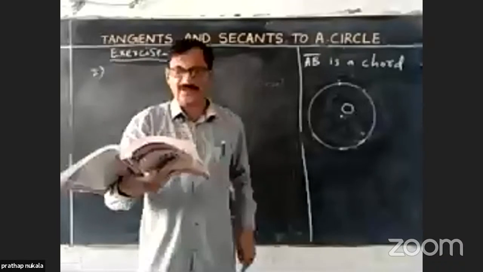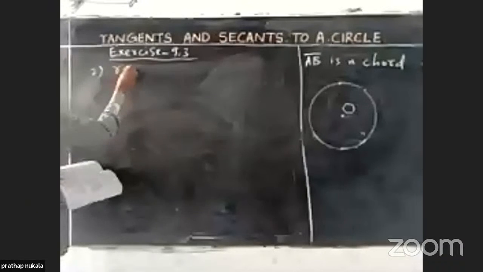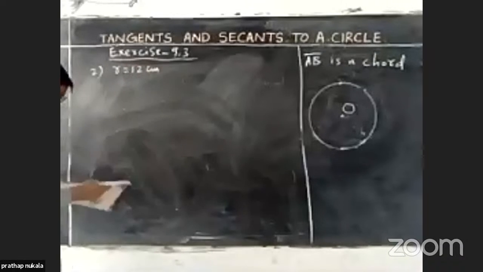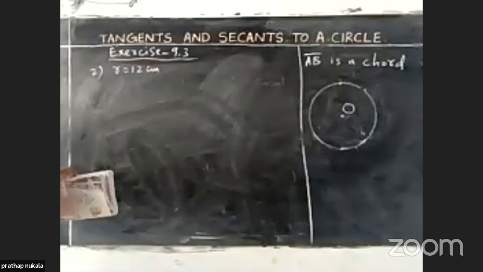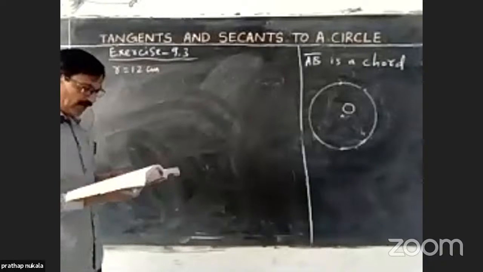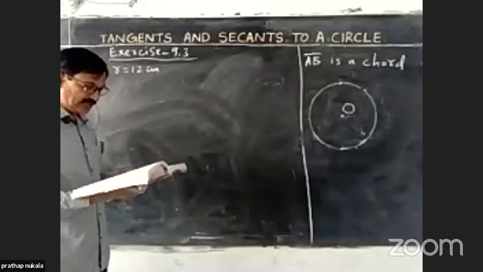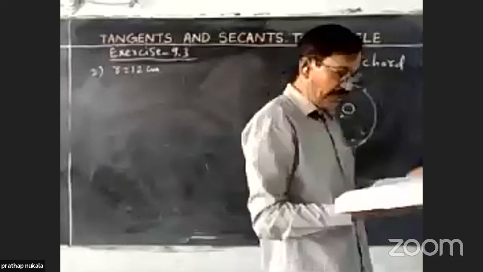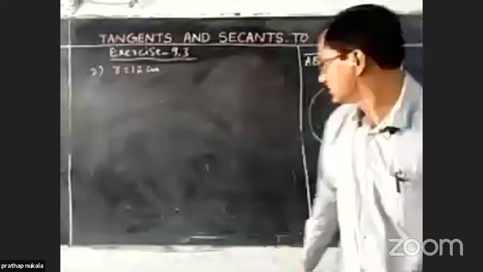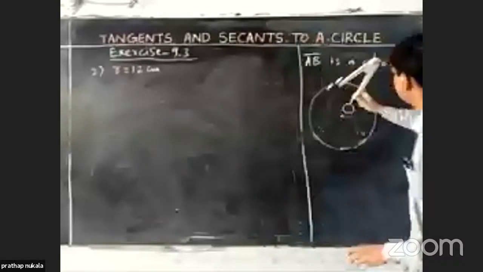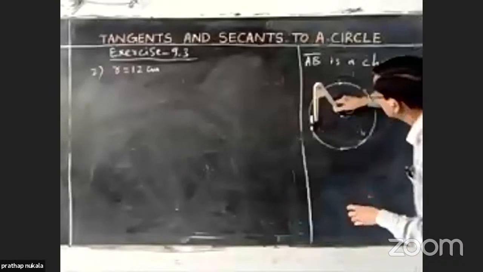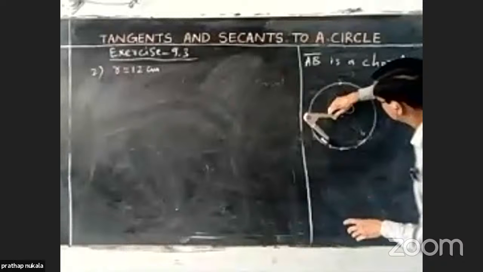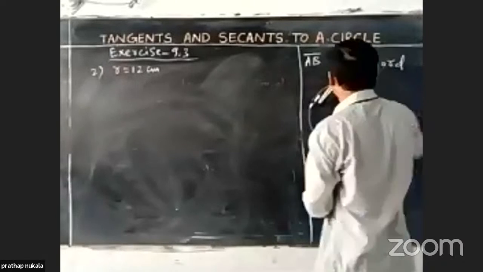In a circle of radius 12 centimeters, a chord subtends an angle of 120 degrees. Again, I am drawing a circle.